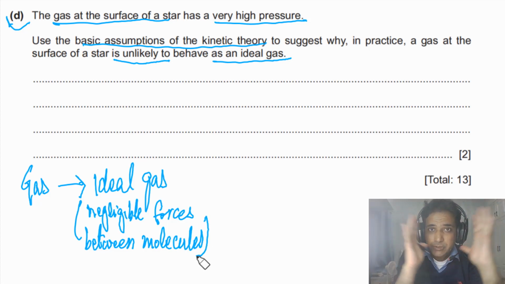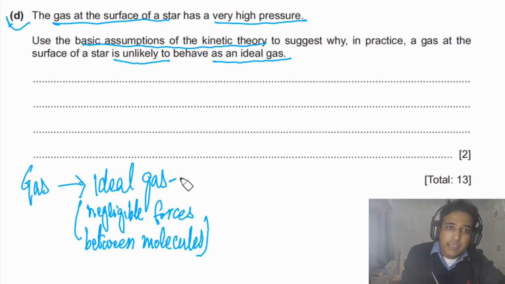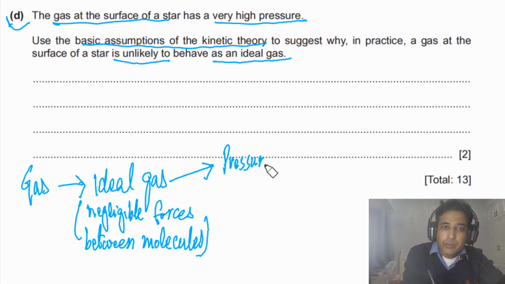Now, if pressure is greater, it means molecules will be very close to each other, so there will be forces between molecules. So gas will not behave as an ideal gas at high pressure. A gas can behave as an ideal gas if pressure is low and temperature is high.